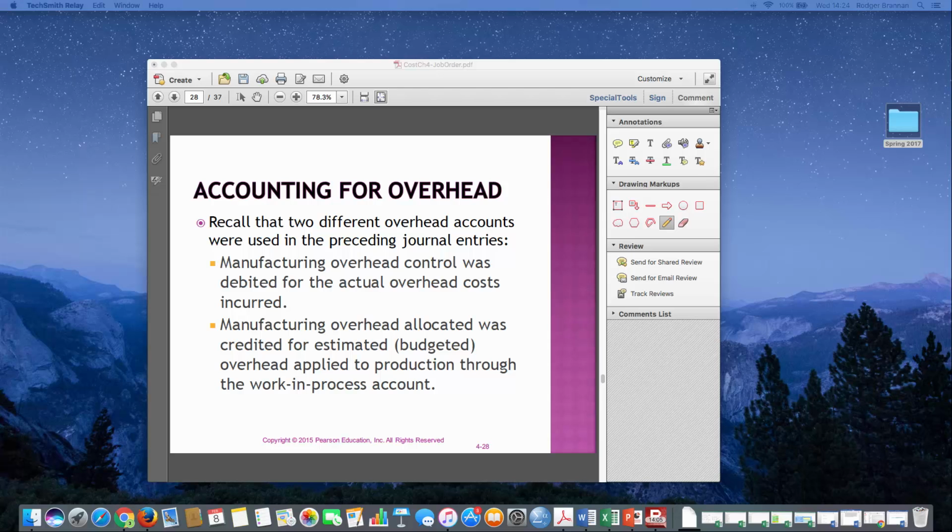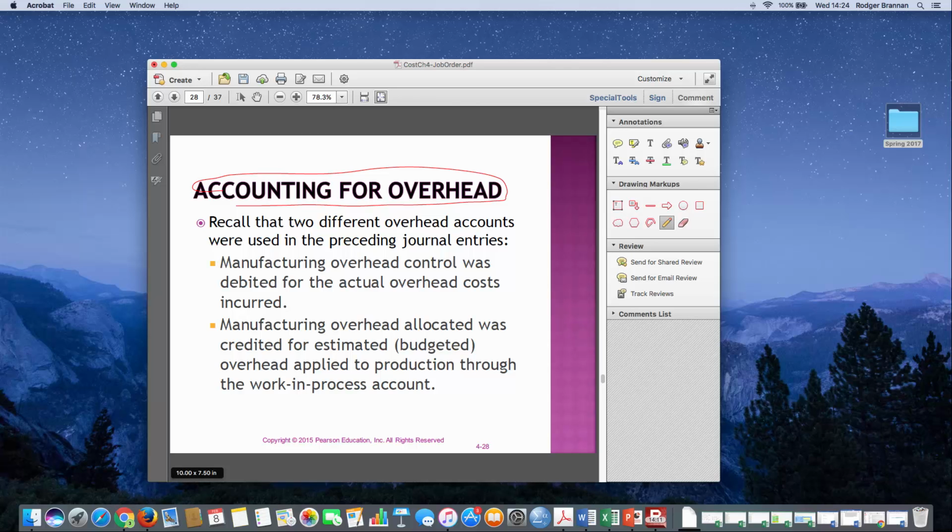Now, overhead is the part that's a little bit more problematic in this chapter. And that is we're dealing with two different accounts, namely actual versus applied, or allocated. Now remember, actual will be a series of debit entries when actual overhead costs are incurred, such as indirect materials, indirect labor, depreciation, insurance, whatever the case may be.